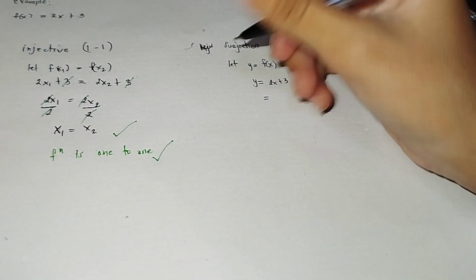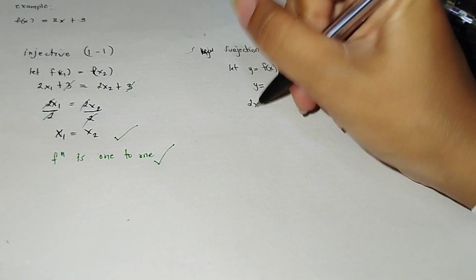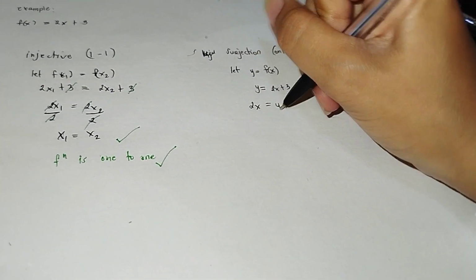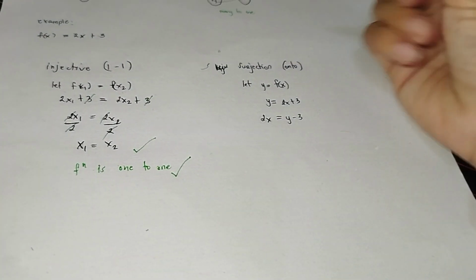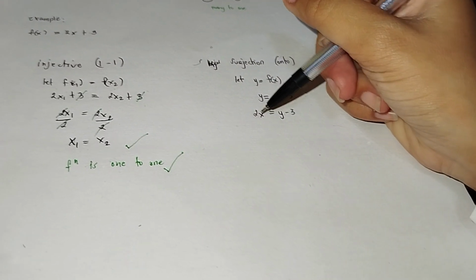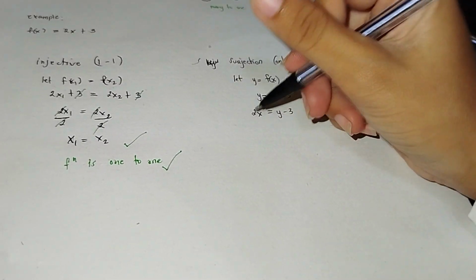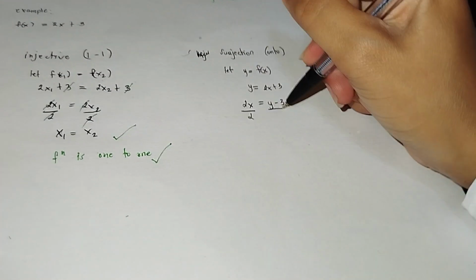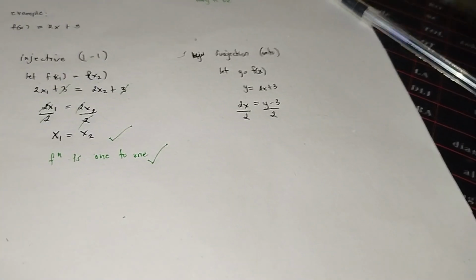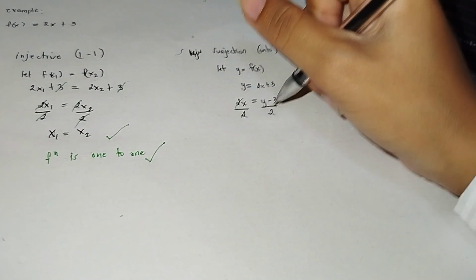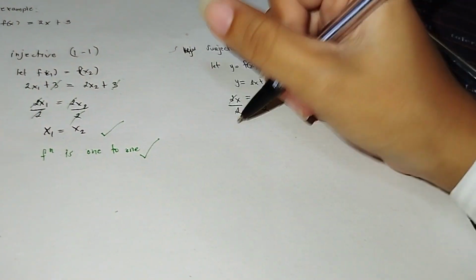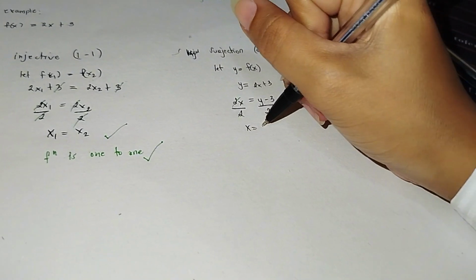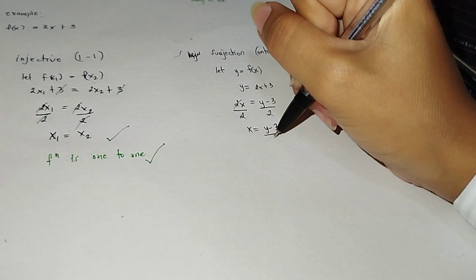So we move the 2x, and then we have y minus 3 is equal to 2x. To isolate x, we divide both sides by 2.